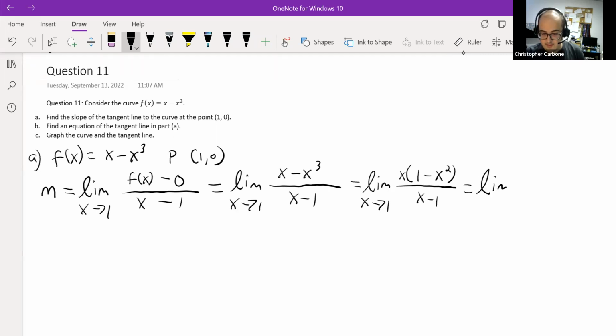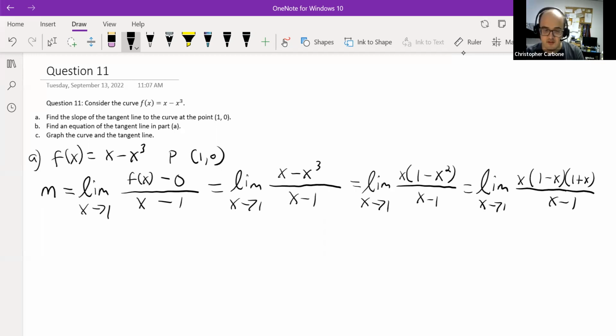And that is the limit as x approaches 1. The 1 minus x squared also factors. This would be x times 1 minus x times 1 plus x, all divided by x minus 1. And stuff does cancel here, right?